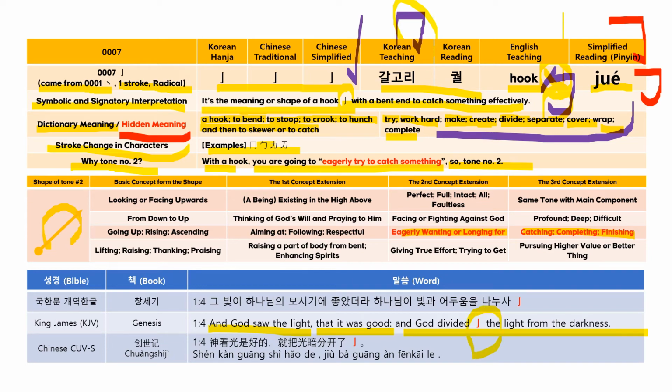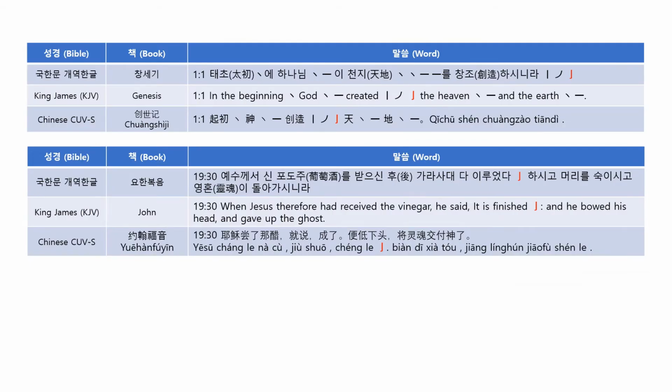I just hope you can feel the hidden meanings of this character through these Bible verses. With some other Bible verses, please try to remember the hidden meanings and feel it.